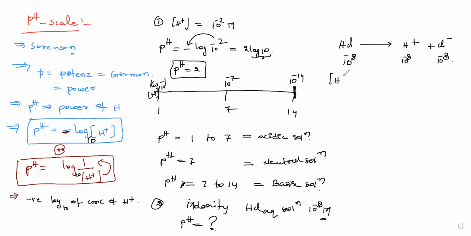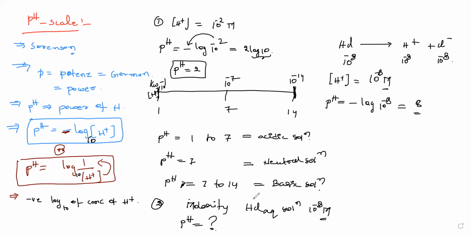That's why we can take the concentration of H plus as 10 to the power of minus 8 moles per liter. But if we substitute this value in this equation, minus log 10 to the power of minus 8, we will get 8.